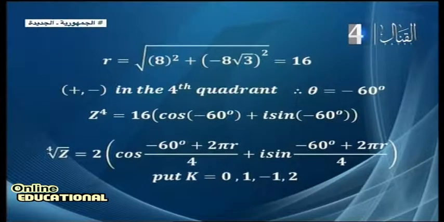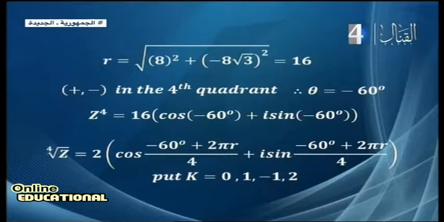By using the fourth root of the left hand side and right hand side, the fourth root of 16 is 2. And we write z equals 2 multiply cosine of negative 60 plus 2 pi r over 4, plus i sine of negative 60 plus 2 pi r over 4. Why over 4?